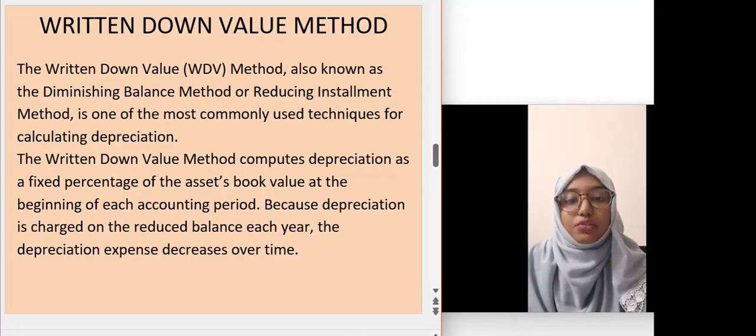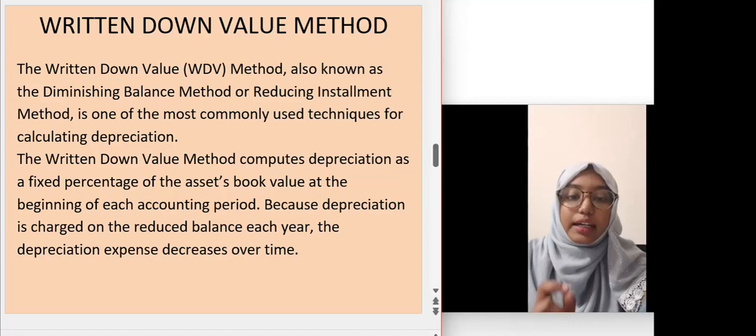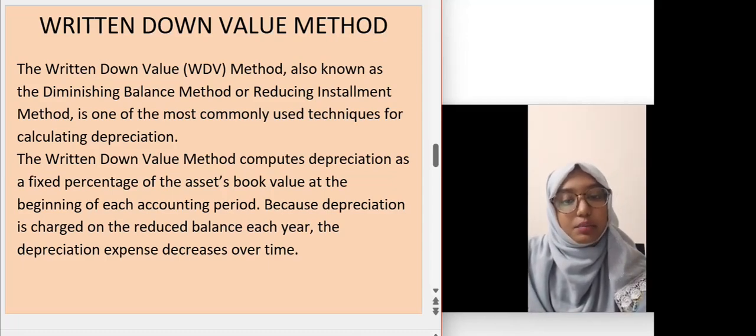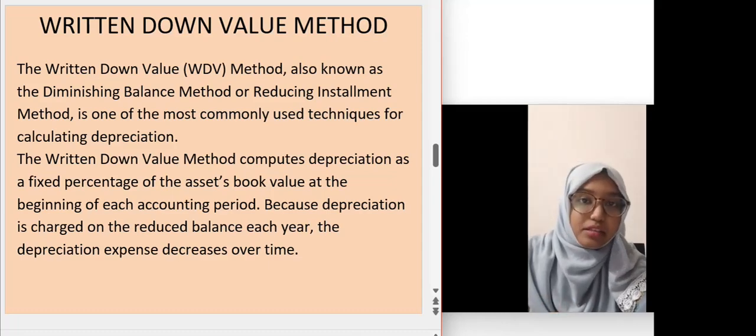Say, for example, in the first year the depreciation will be calculated on the cost at which the machine is bought. That value will be reduced, and at the end of the first year, on whatever the asset value is, the second year's depreciation will be calculated. So in this method the depreciation value differs compared to the straight line method, where the depreciation amount remains the same.